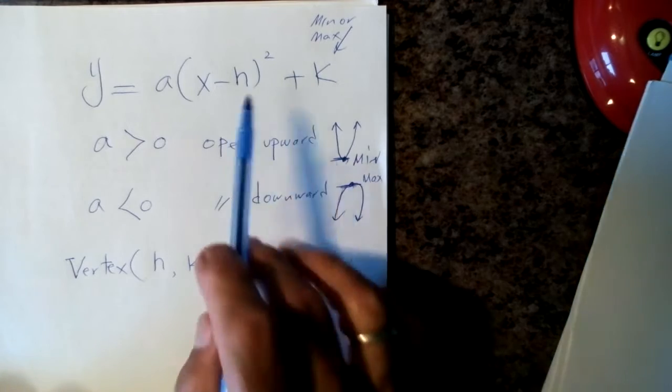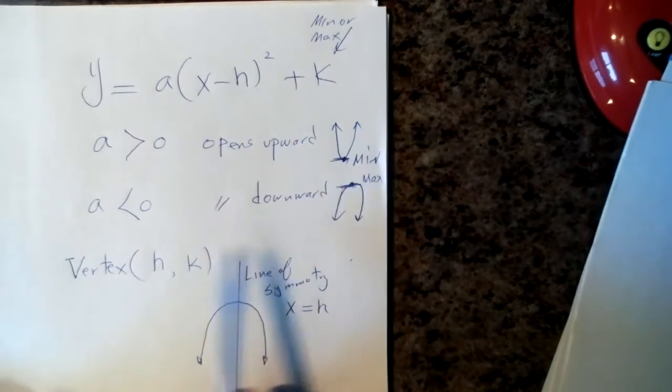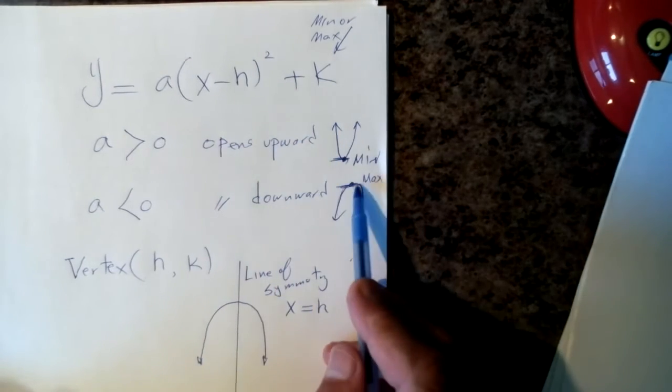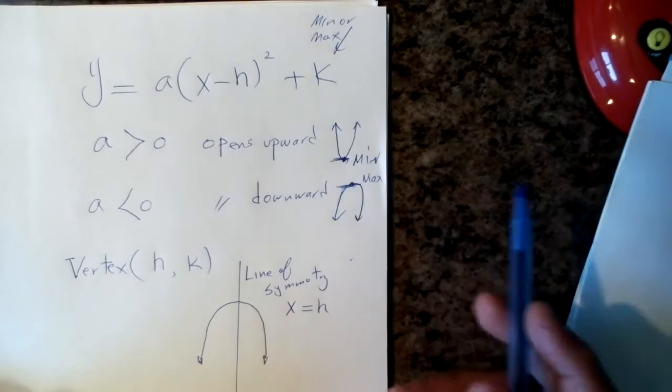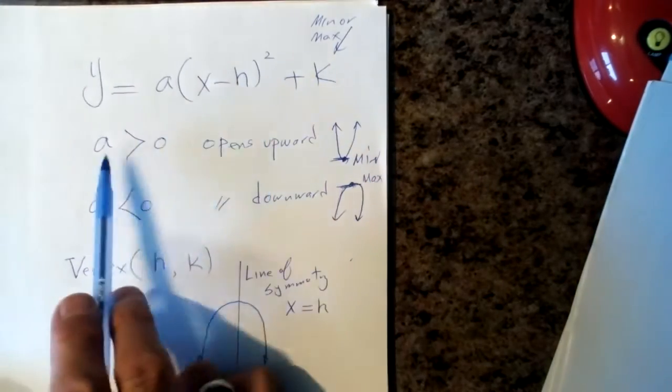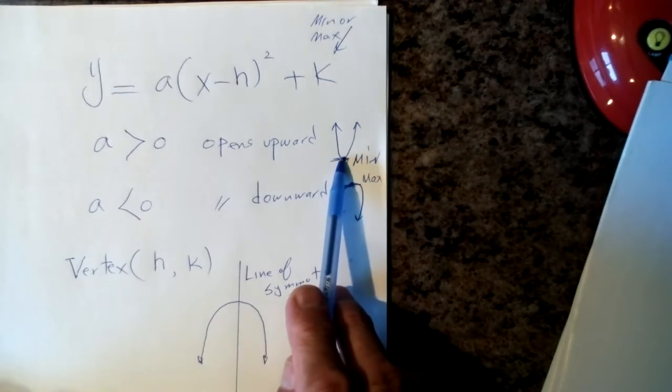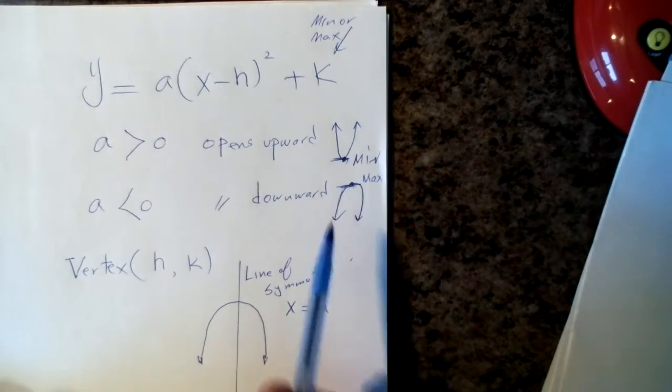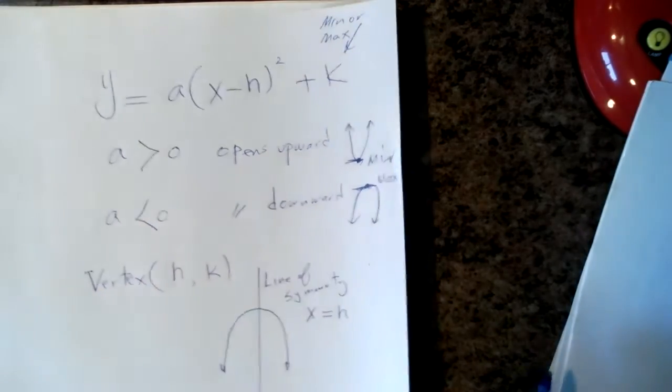Okay, so h and k are the vertex, which is the highest or lowest point. The number in front of the parentheses always determines whether your parabola opens upward or downward. So we want now to use this to go over the problems.